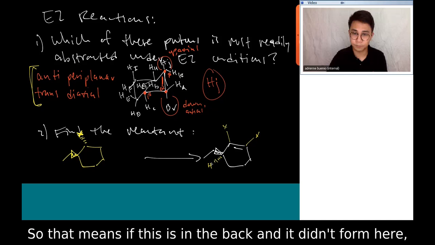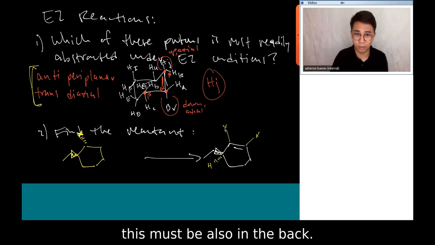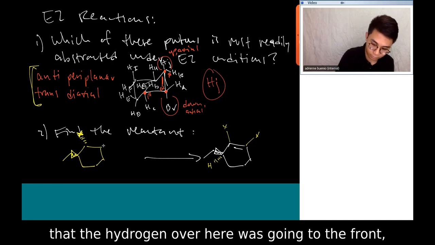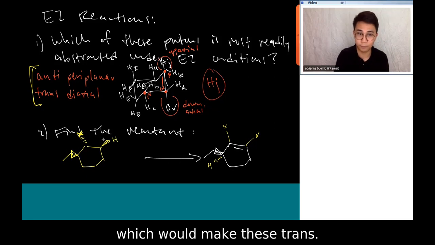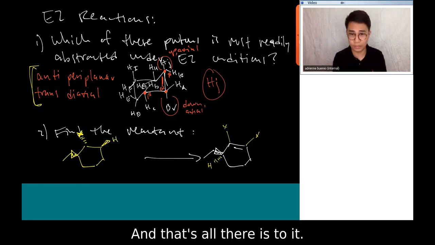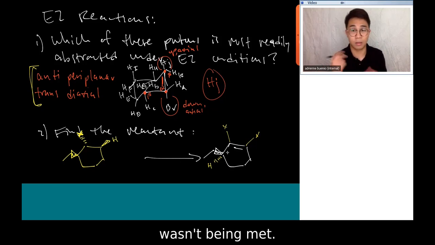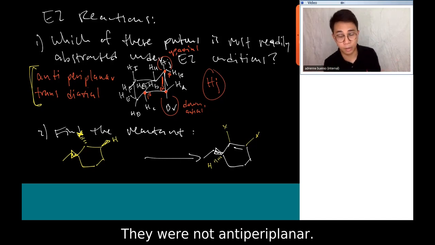If this is in the back and it didn't form here, this must also be in the back, because that means there's a chance the hydrogen over here was going to the front, which would make these trans. That's all there is to it. So if it didn't form here, we know the trans-diaxial requirement wasn't being met, they were not anti-periplanar.